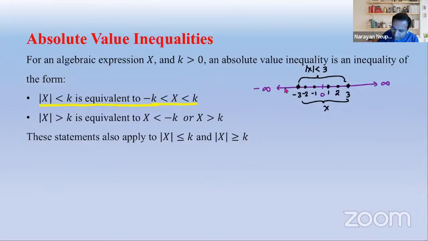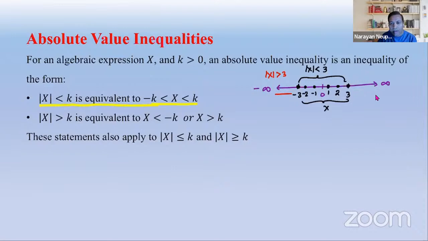So for all values here, where I am showing in red, the absolute value will be greater than 3. The absolute value of -4 is 4, which is greater than 3. The absolute value of -5 is 5, that is greater than 3. So for all these numbers here, the absolute value will be greater than 3.